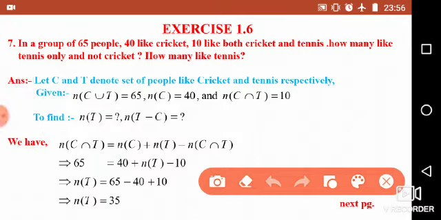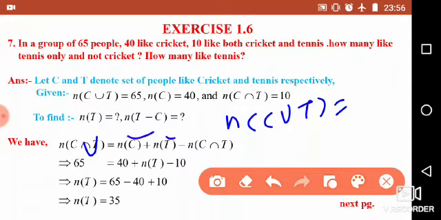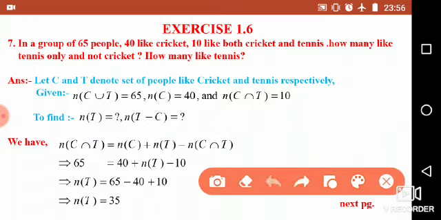You have to define this as C union T, that is n of C union T is equal to n of C plus n of T minus n of C intersection T. Dear students, make a correction in this question.